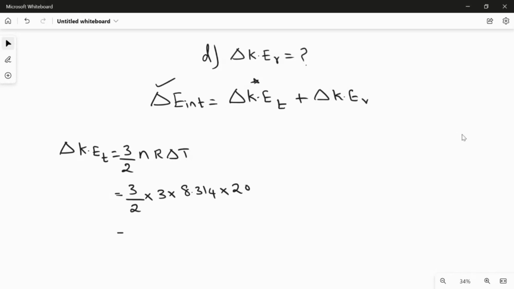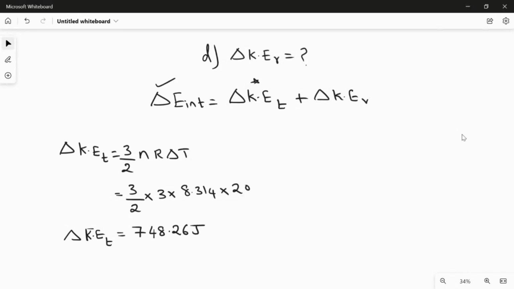After I calculate this, I got the answer as 748.26 joules. So this is the answer for the change in translational kinetic energy.